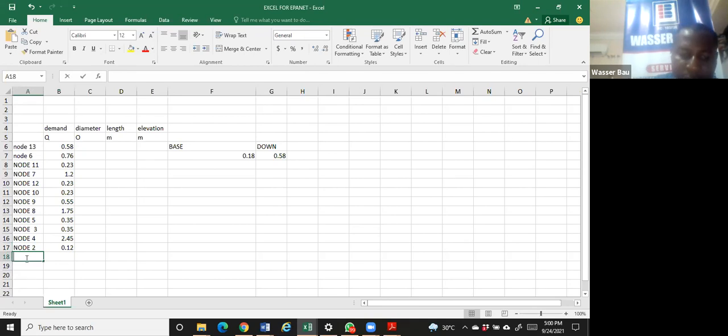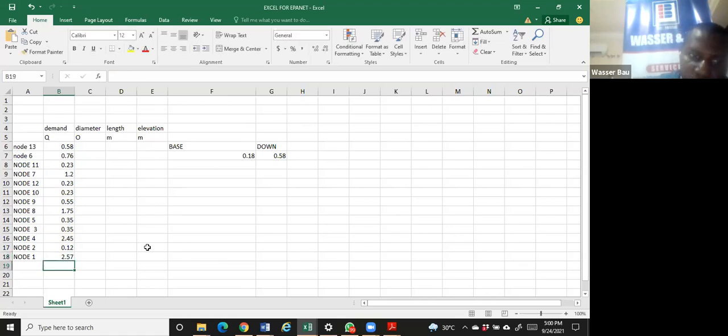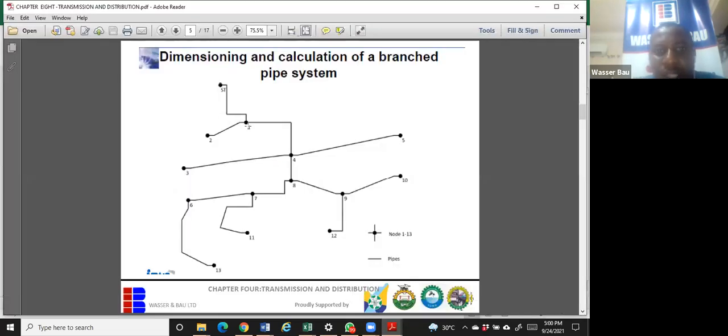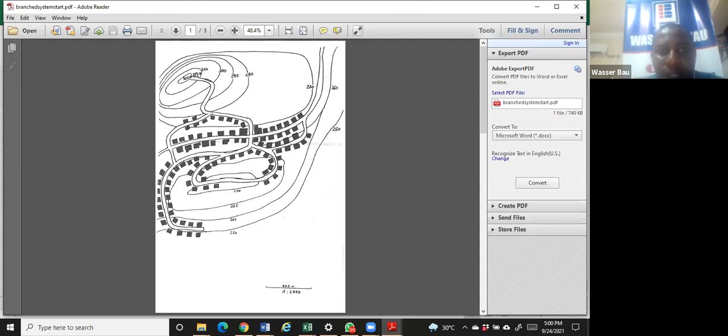Therefore, node 1 is going to be what? Node 2 plus node 4, 2.57. Because there are no houses between 1 and this, the storage tank will also be the same. Oh, I made a mistake. Sorry. This is node 1, this is node 4.